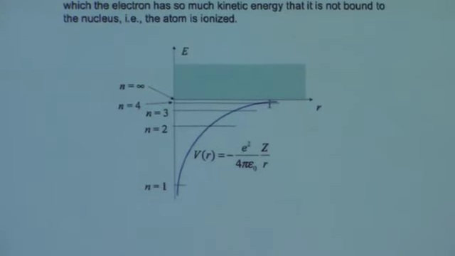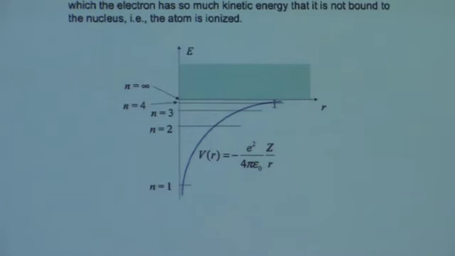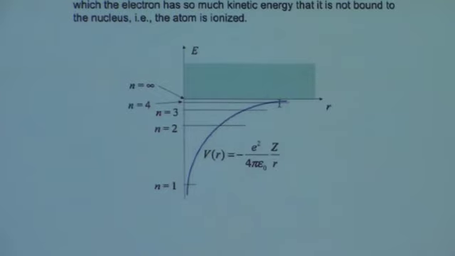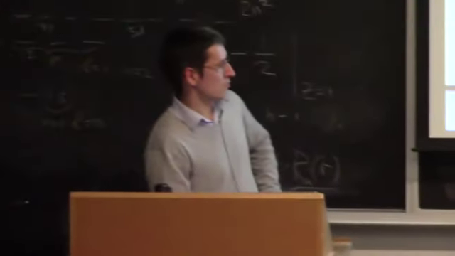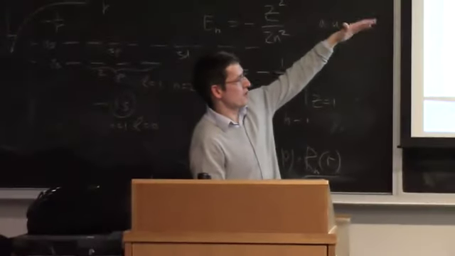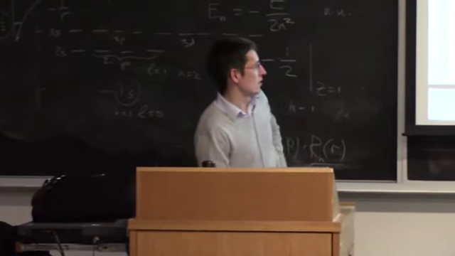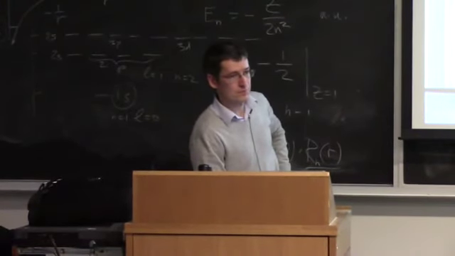So the electron doesn't really feel the nucleus anymore. It's rather just free in space and has whatever energy it has above 0, that's kinetic energy, and it's a free electron essentially.